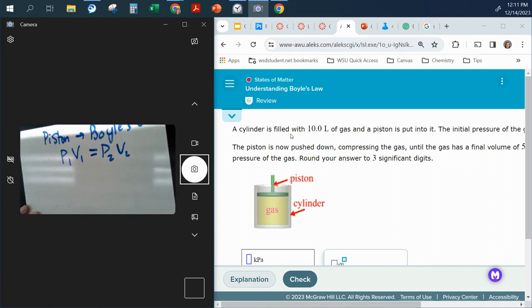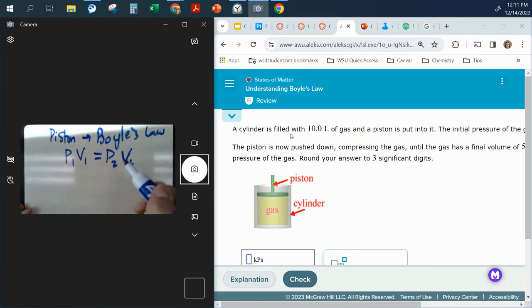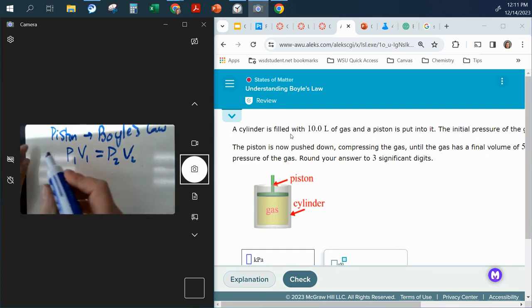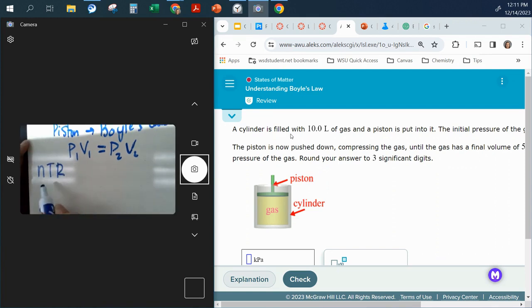And if you're feeling ambitious, you can say the n is constant, T is constant, R is always a constant. So during Boyle's law, we don't change the number of moles, we don't change the temperature, R is always the same, and you can prove that this is true with the math.